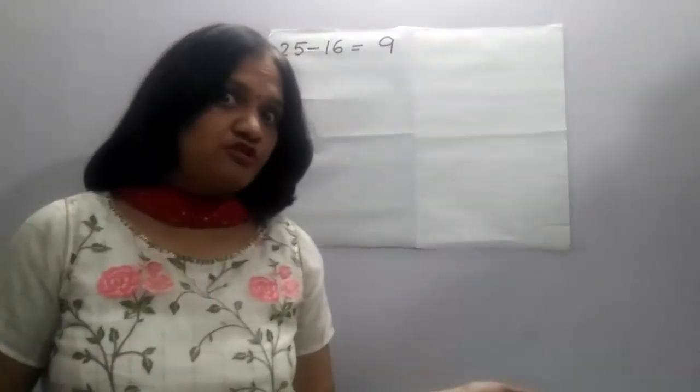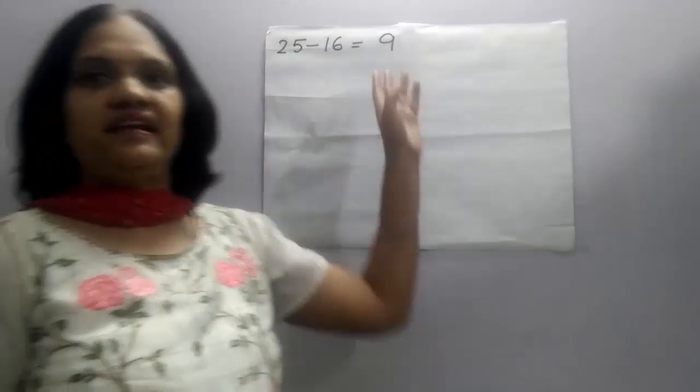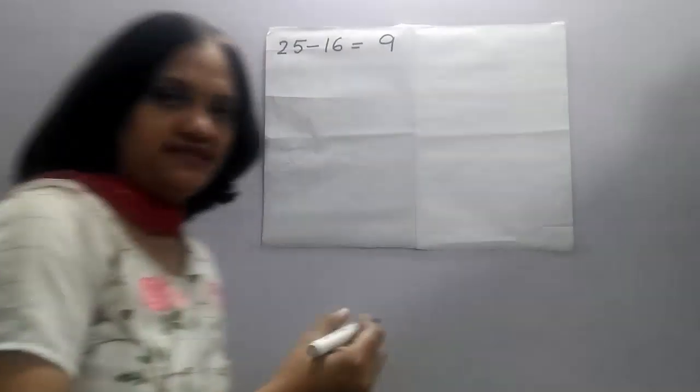What is 5 plus 4? 5 plus 4 is also 9. Now, is it a coincidence that this answer is 9 and also 5 plus 4 is 9? No, this is not a coincidence.